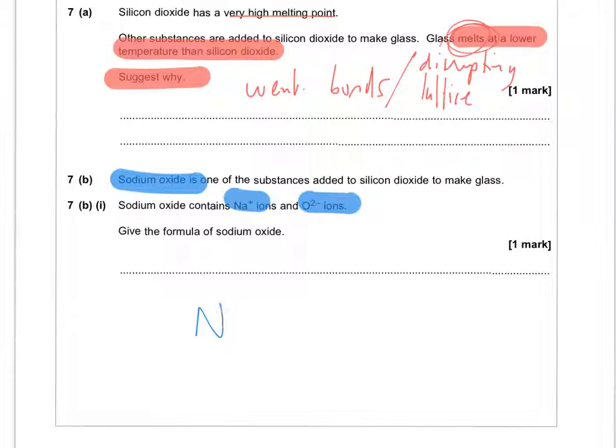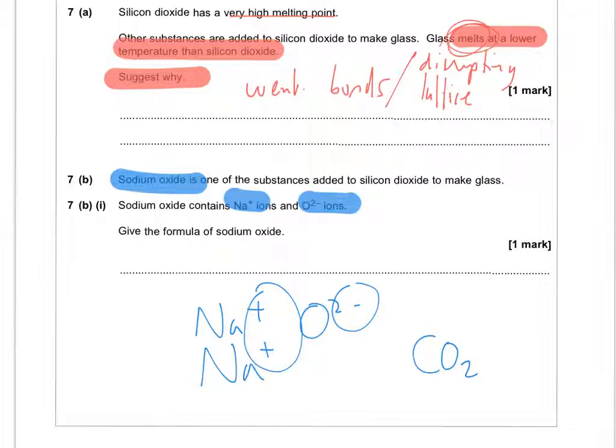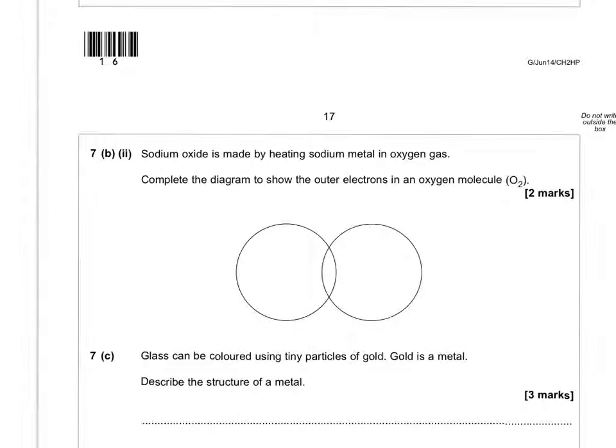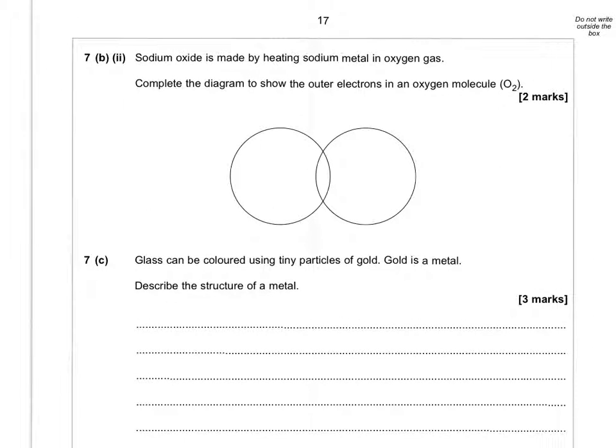So we've got Na+, O2-. Well, we actually need two of these to balance out the double negative charge, okay? And then we just write the formula in the same way we'd write maybe CO2, but not the same way.